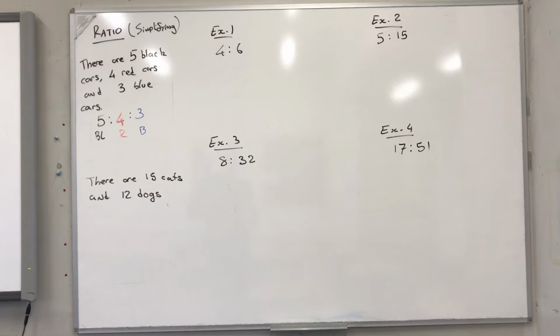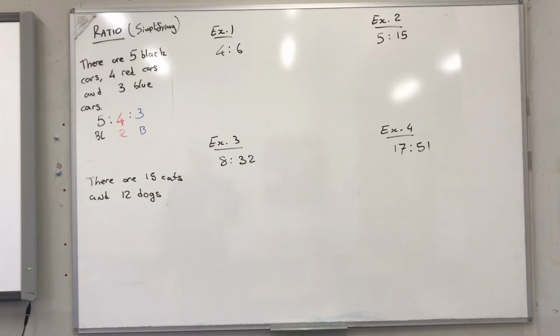Because in the sentence it's described them as black, then red, then blue, I need to have them in that order in the ratio. I can't do 3, 4, 5, I can't do 4, 3, 5, it needs to be 5, 4, 3, because I've described it as black, red, blue. Okay? So another one would be 15 cats and 12 dogs.